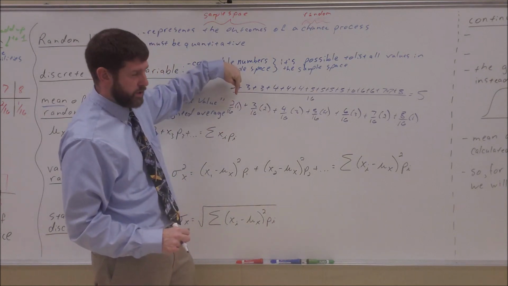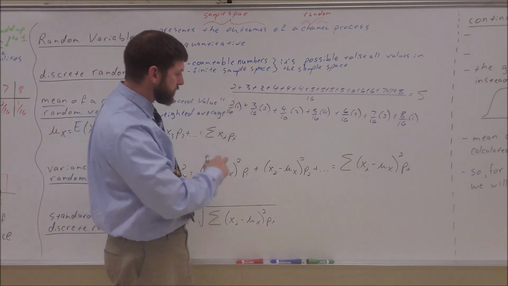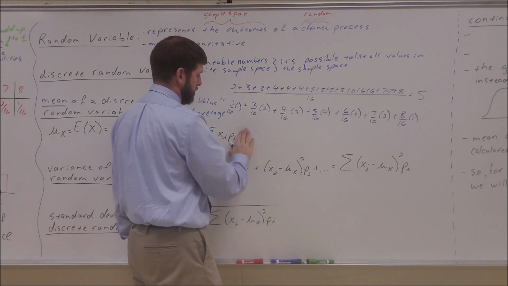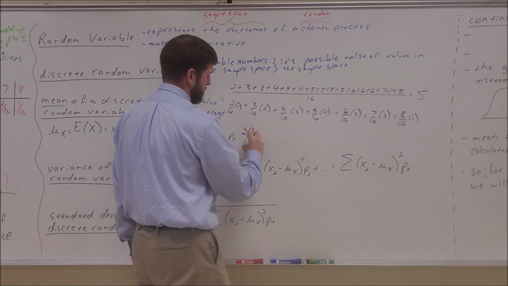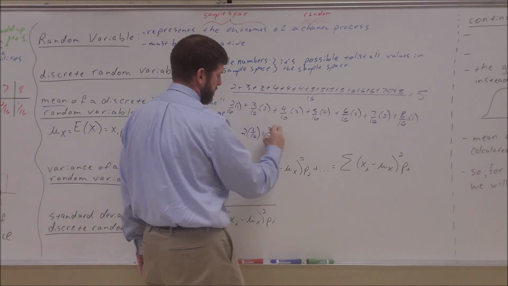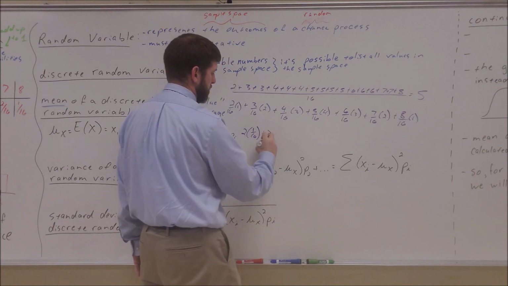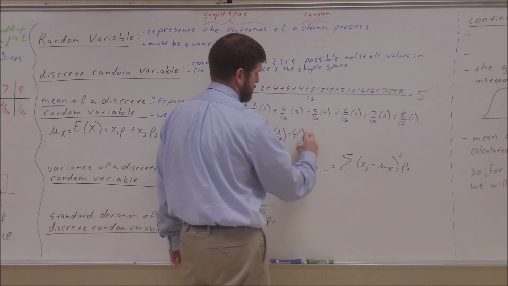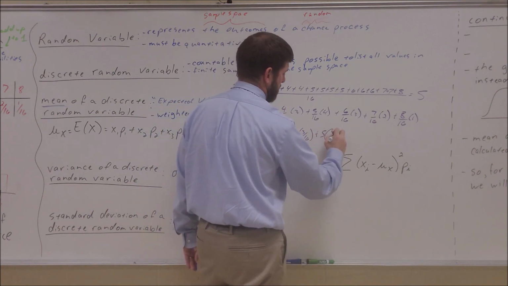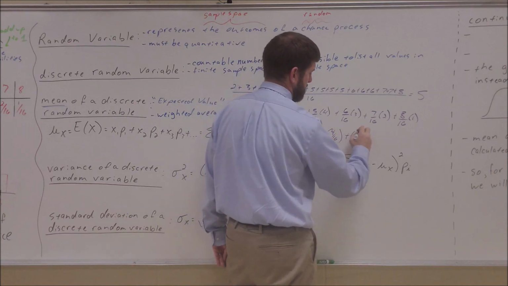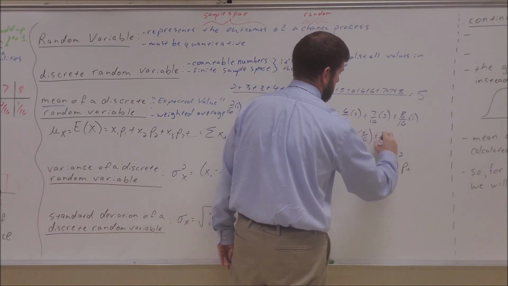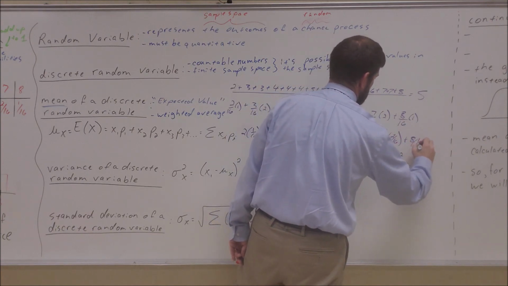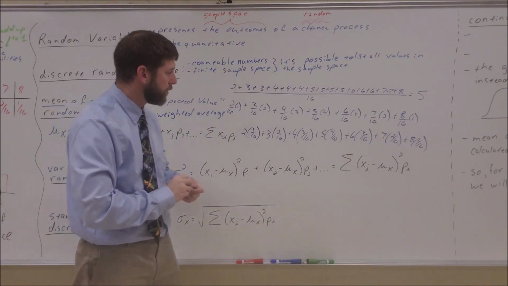We know through a little bit of fraction arithmetic, 2 times 1 over 16, and 3 times 2 over 16, and 4 times 3 over 16, 5 times 4/16, 6 times 3/16, 7 times 2/16, and then 8 times 1/16. Okay. Well, what do we see here?